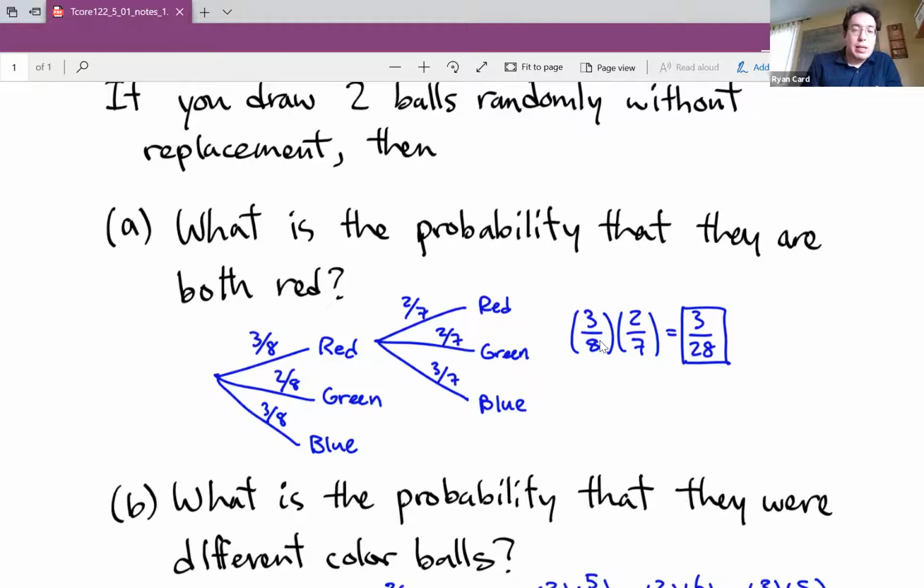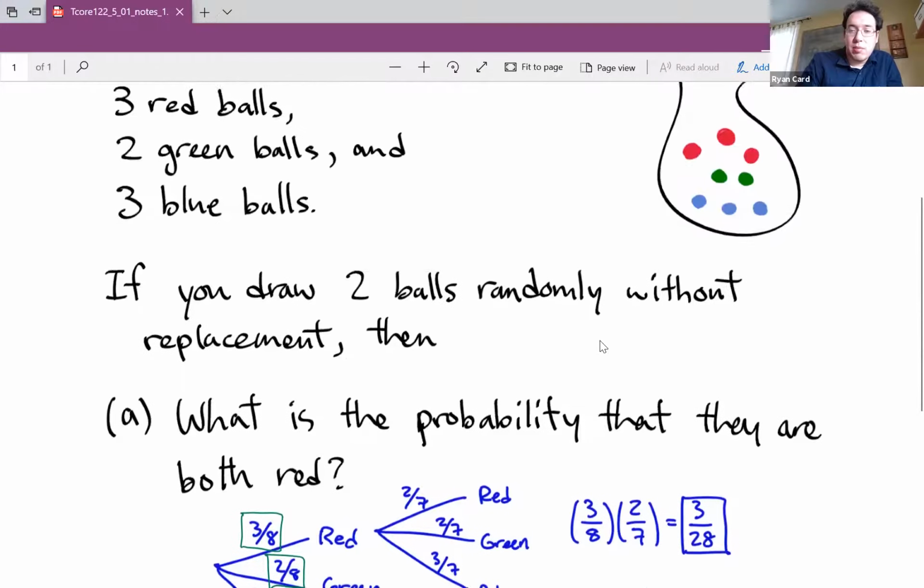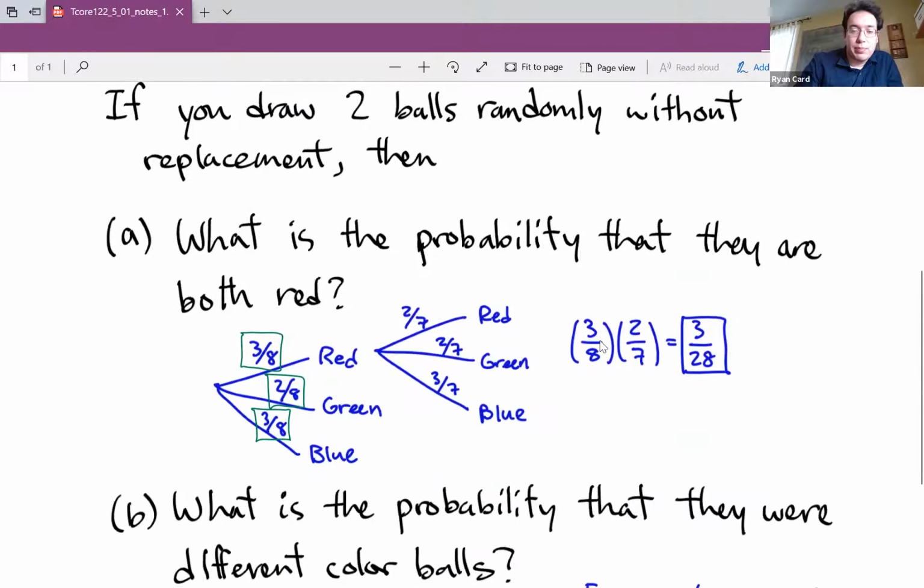So because there are 3 red balls out of 8 total in the urn, the probability that we draw the red after the first draw is 3/8. And similarly, probability of getting green is 2 out of 8 and blue is 3 out of 8, just based on what's already inside.